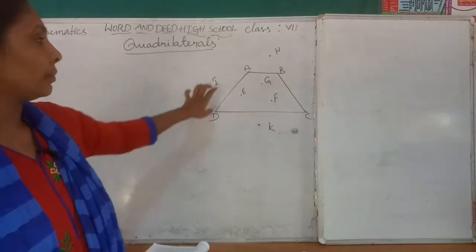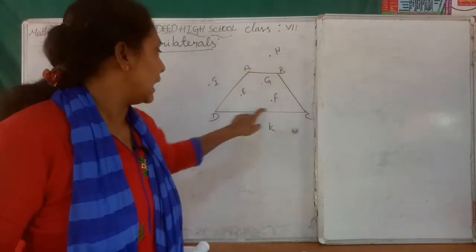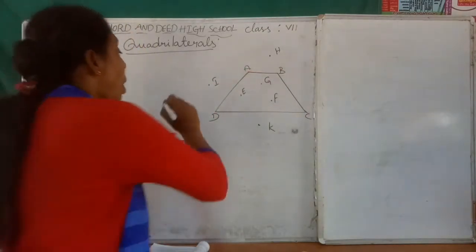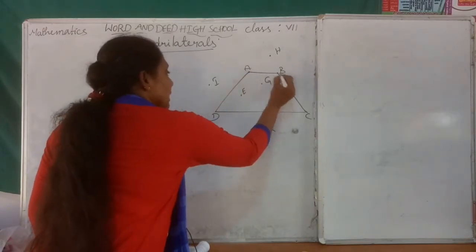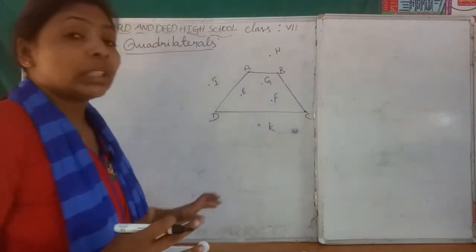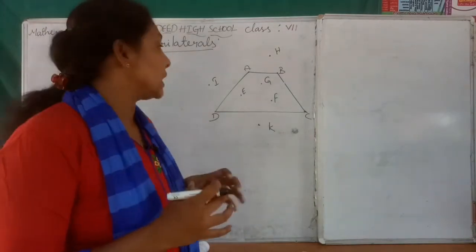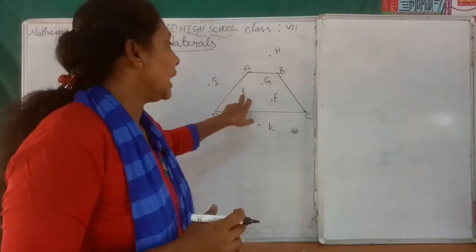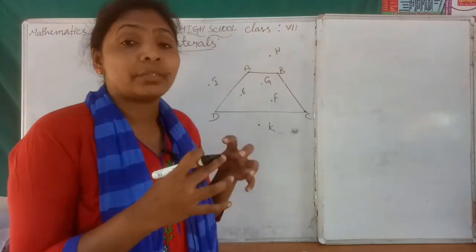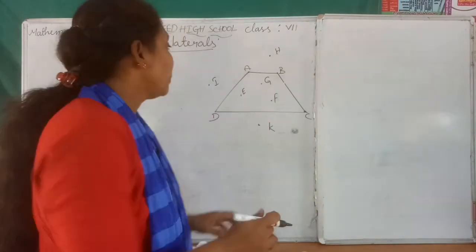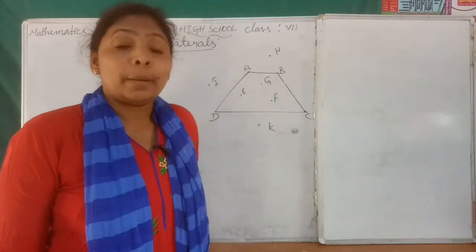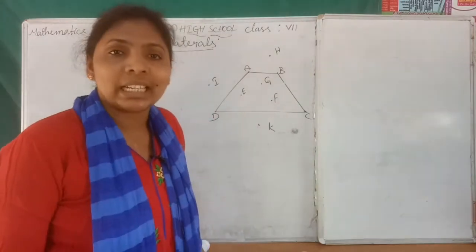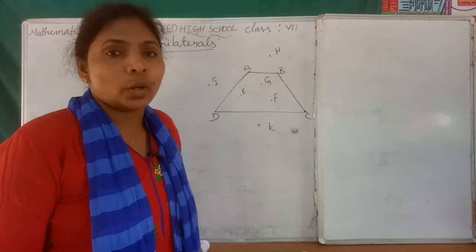Okay, so A, B, C, D are on the quadrilateral. Okay, on the quadrilateral. Next, what is inside the quadrilateral, children? What are the points we have? E, F, G are the interior of the quadrilateral. Okay, so these points we call interior points of the quadrilateral.